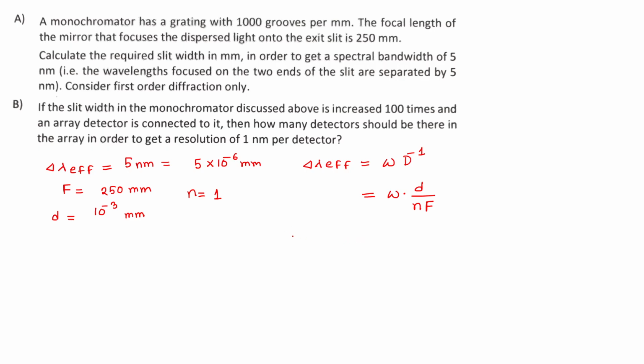So what should be the slit width? The slit width W is delta lambda effective into focal length by D. Now I will put in the values: 5 into 10 to the power minus 6 millimeters into 250 millimeter, divided by the distance between each groove, not the focal length, that is 10 to the minus 3 millimeter. So I will cut 1 millimeter.